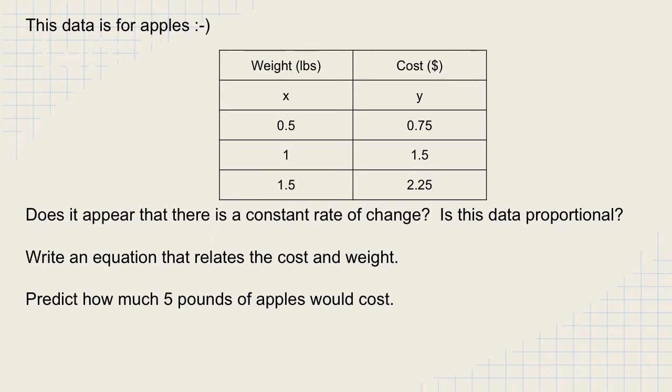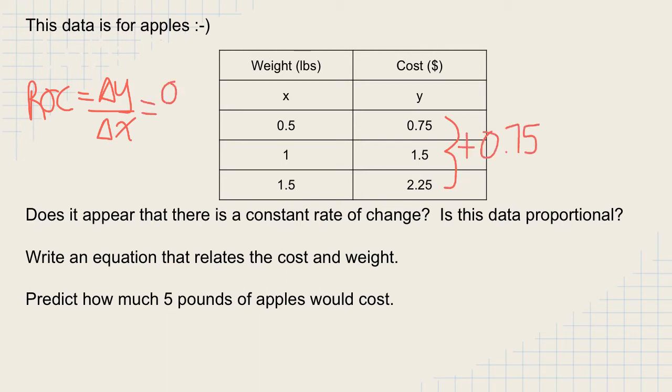So in an earlier video, we found out that we can do our rate of change by taking the change in y over the change in x. So it appears that we are skip counting by 75 hundredths, or in this case 75 cents because we're talking money, for every half pound of apples. All right, I can simplify that a bit.